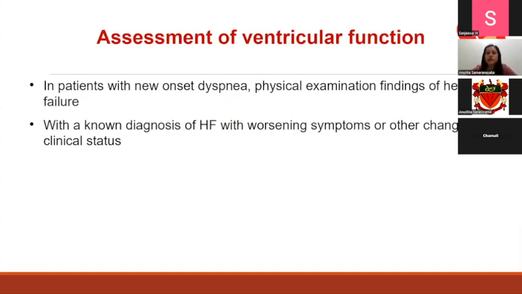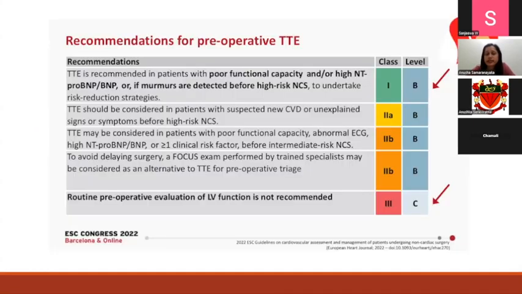And according to the European guidelines, an additional indication for a transthoracic echo or ventricular function assessment is if a patient has poor functional capacity. There are patients coming for surgeries where there is poor functional capacity or we can't assess the functional capacity. In those situations, we can use the transthoracic echo. It is recommended.